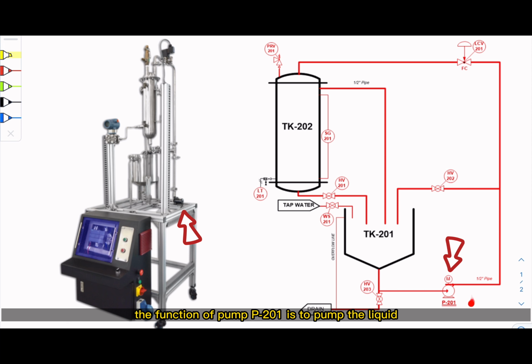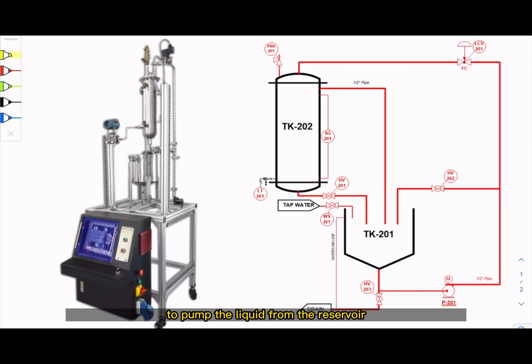The function of pump P201 is to pump the liquid from the reservoir throughout this pipeline, through this regulated control valve, and into this main process tank, and it will go back to the reservoir.